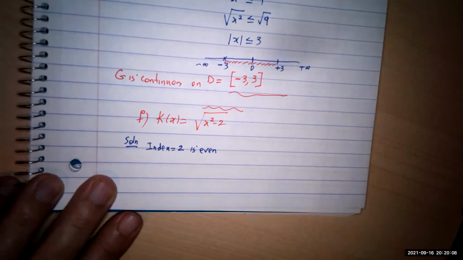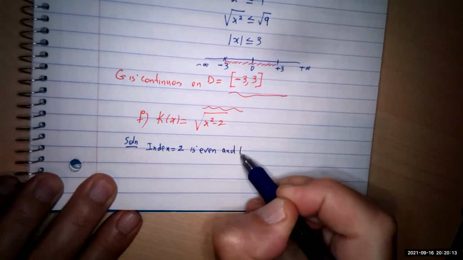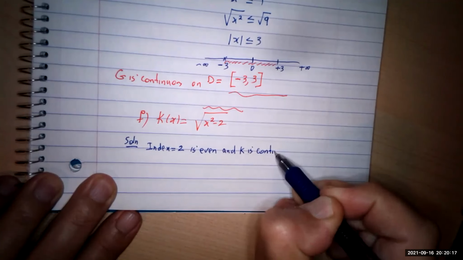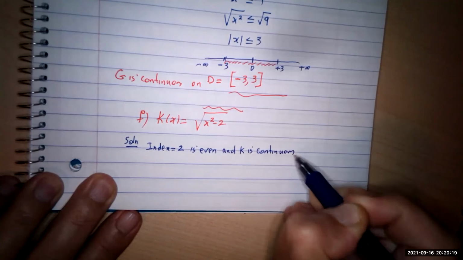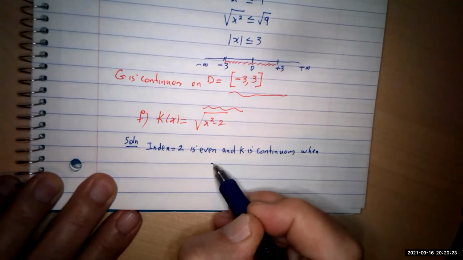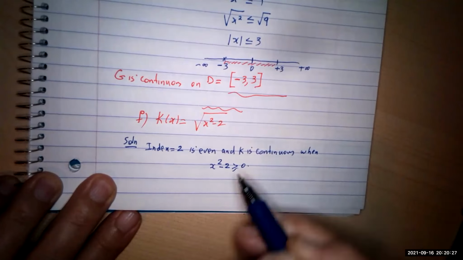Okay, 2 is even, and then we are in trouble. And K is a continuous function. It's going to be continuous where x squared minus 2 is greater than or equal to 0.